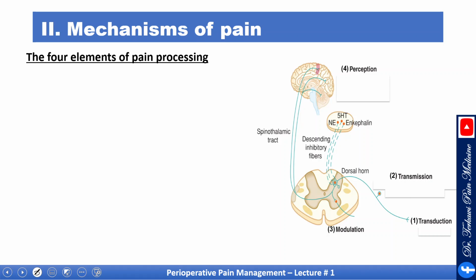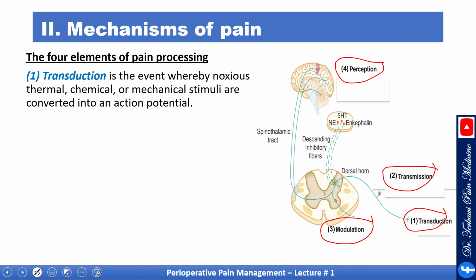Now, what are the 4 elements of pain processing? Transduction, transmission, modulation, and perception. Let's learn about it. Transduction is the event whereby noxious thermal, chemical, or mechanical stimuli are converted into action potentials.